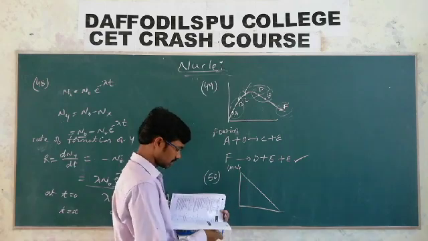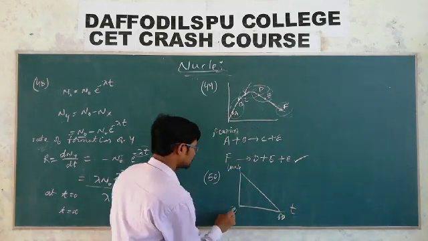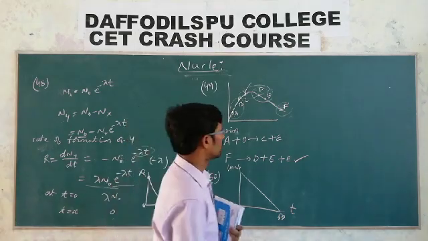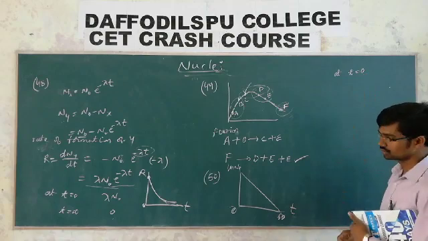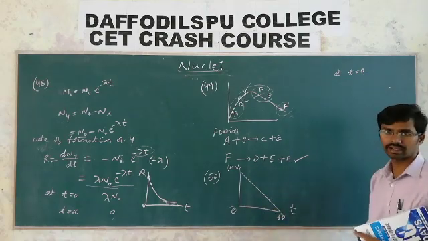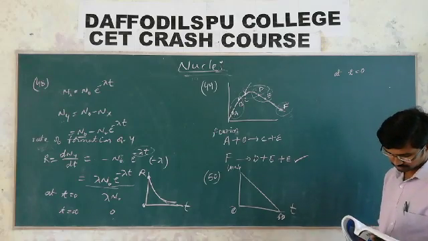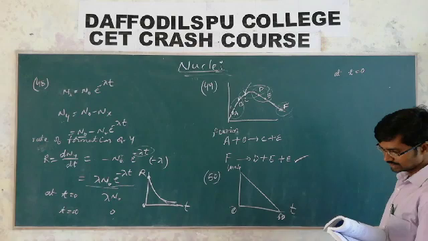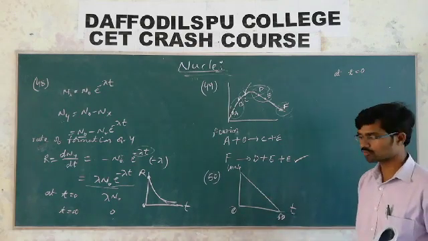Ln N and t, here it is 60, and this is 0. Now at t is equal to 0, what is this one? Ln N naught.